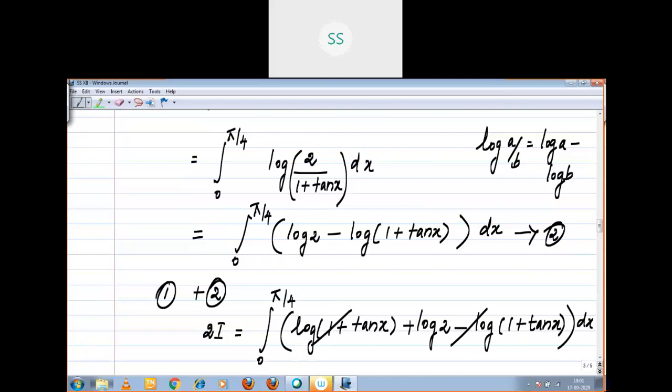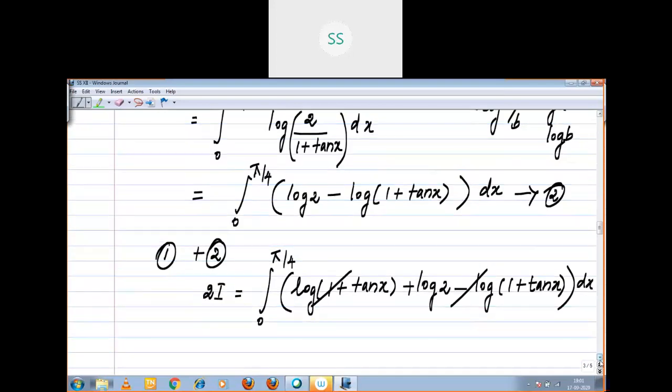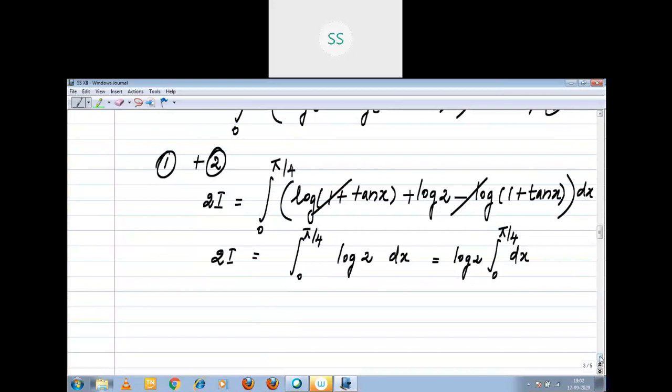Now I am going to add equation 1 and 2. What can I get on the left side? 2I. On the right side, you have to see the limit is the same. 0 to pi by 4 log of 1 plus tan x plus log 2 minus log of 1 plus tan x into dx.